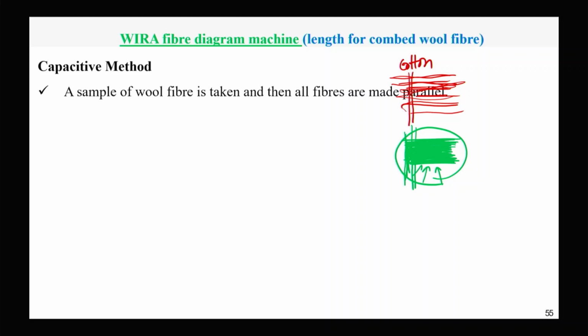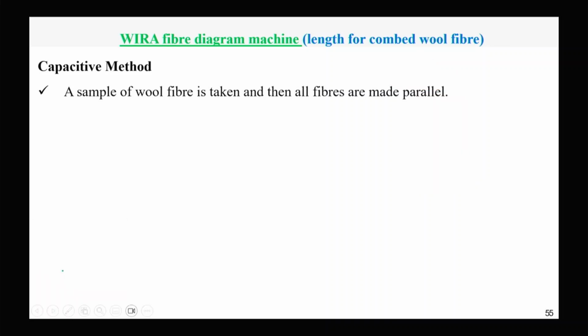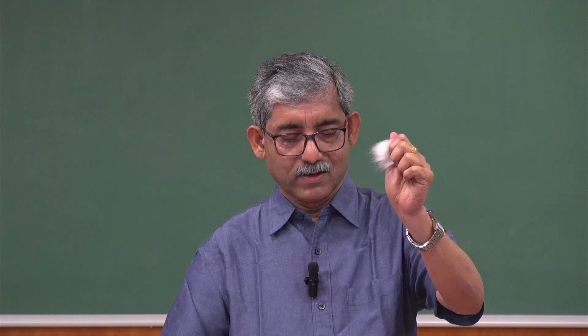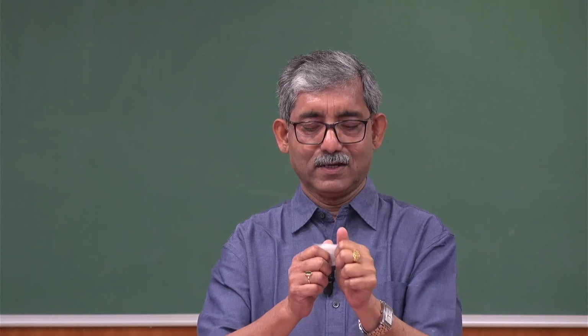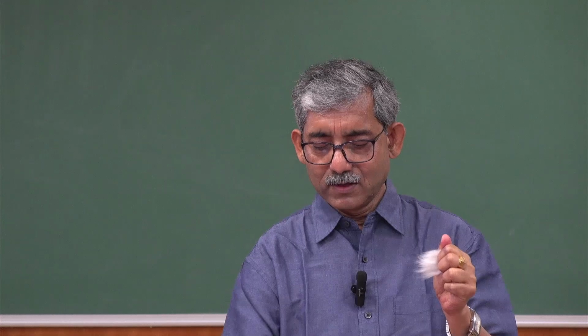A sample of wool is taken and the fibers are made parallel. So, this is the fiber. We make a fringe like this, a fiber fringe is taken, and one end is sealed in between a plastic strip.